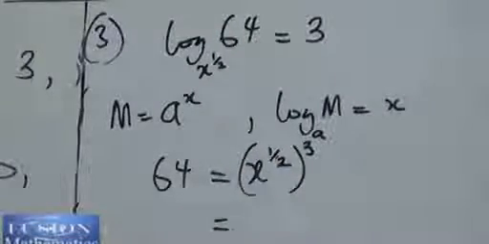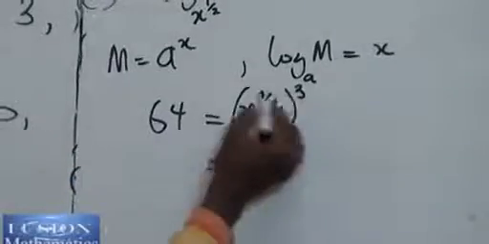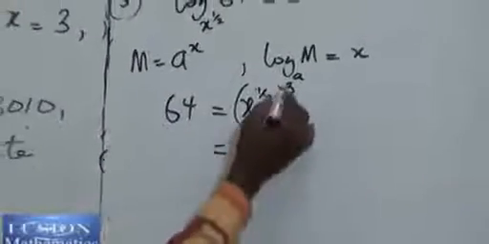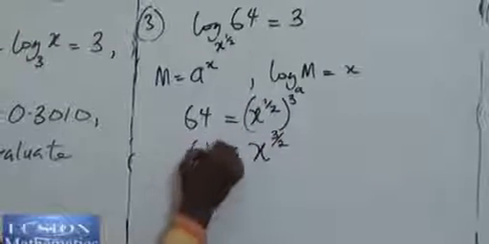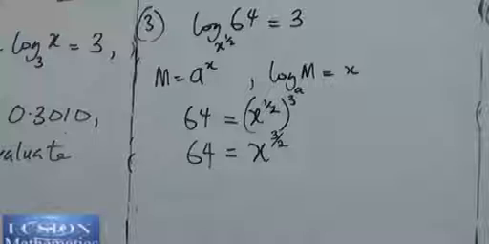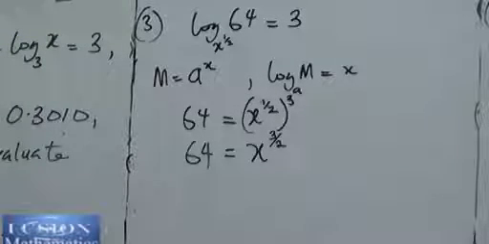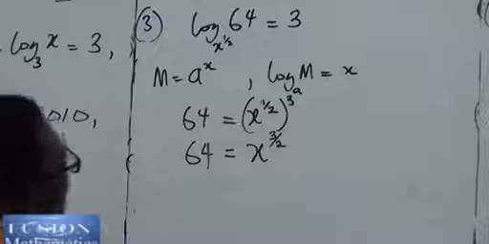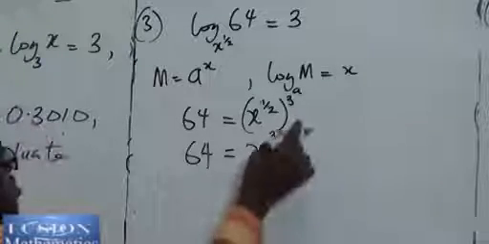So this will now give us, when we have this in indices, we know that we multiply both powers. So this will be x raised to power 3 times 1 half, that will be 3 all over 2 equals 64. Now, for us to solve this, we can multiply by the reciprocal of the power, that is 2 over 3.